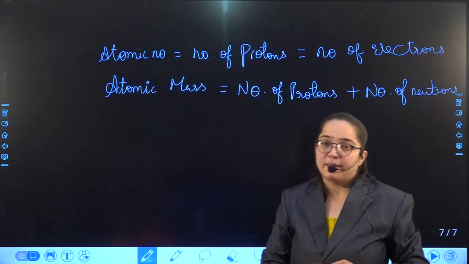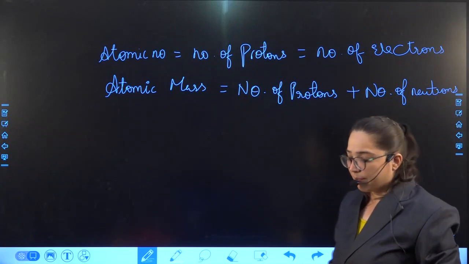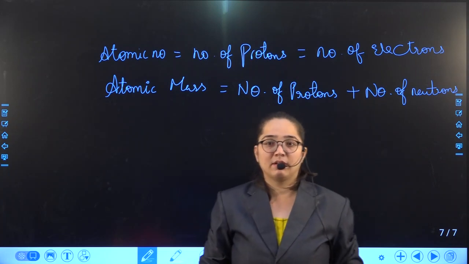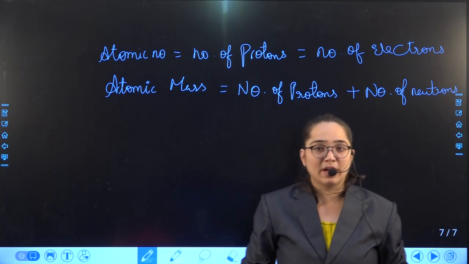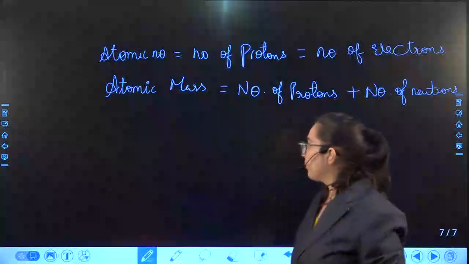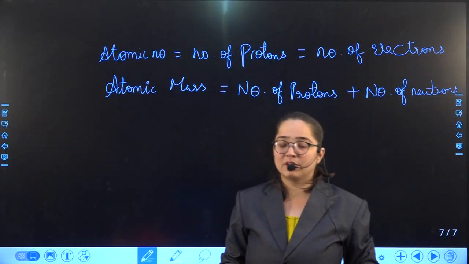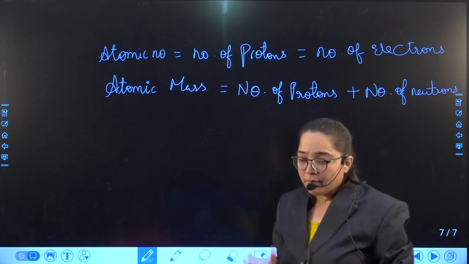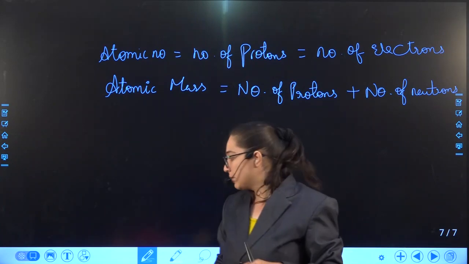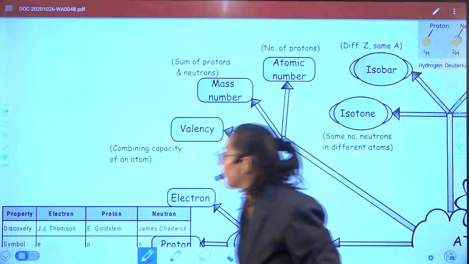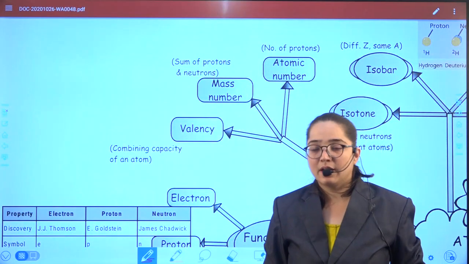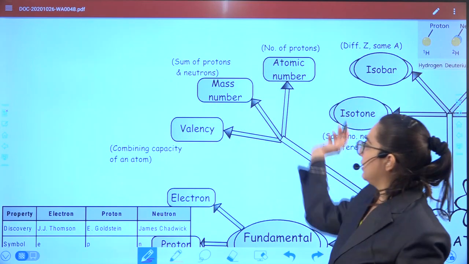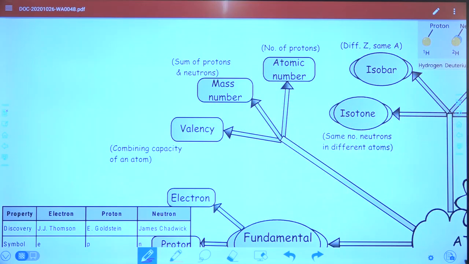Atomic mass. Now many times it is happening that you get the atomic mass in points like chlorine and all that. That is because of the concept of the isotope, which will be done now. So I think this concept is clear of the atomic mass. Atomic mass is the number of protons plus neutrons. It is also called as the mass number. Please take the screenshot of this content. Then we'll move further.